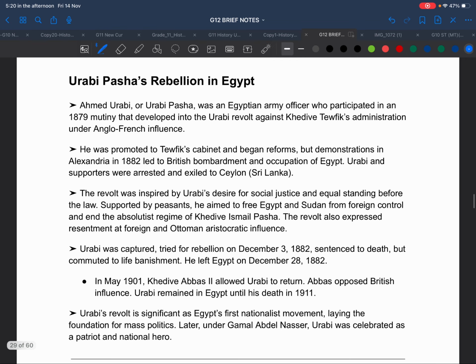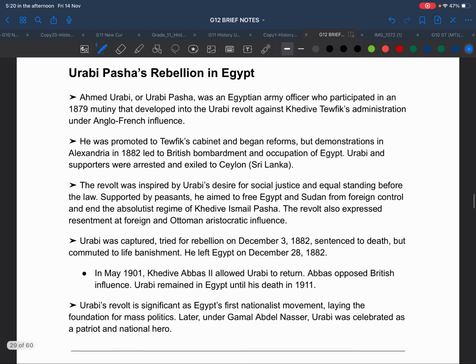Urabi Pasha's rebellion in Egypt. It is clearly known that Egypt was claimed by Britain, as well as by the French. Okay, let's see their history.